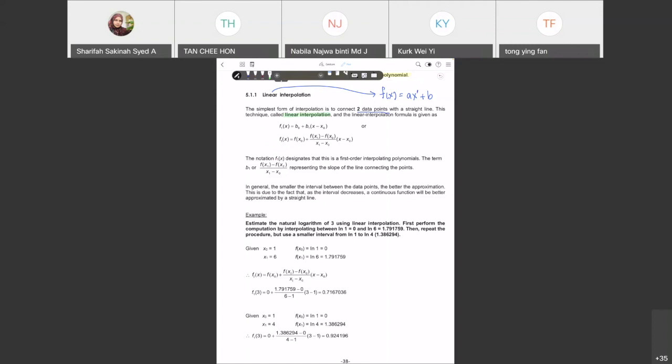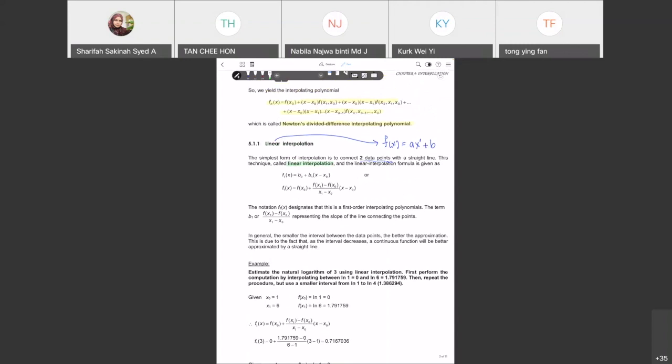The linear interpolation formula is given by this. Linear interpolation means that now your n is equal to 1. So when n equals 1, you have f1(x) equals f(x0) plus (x minus x0) times f[x1, x0]. Stop here because you just have 2 data points, x0 and x1.